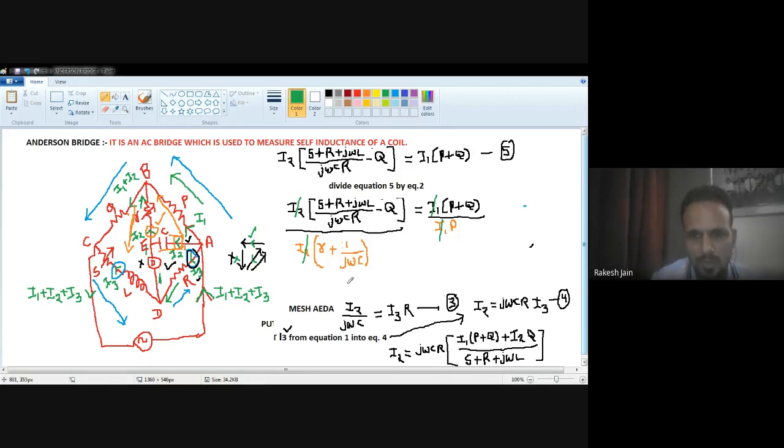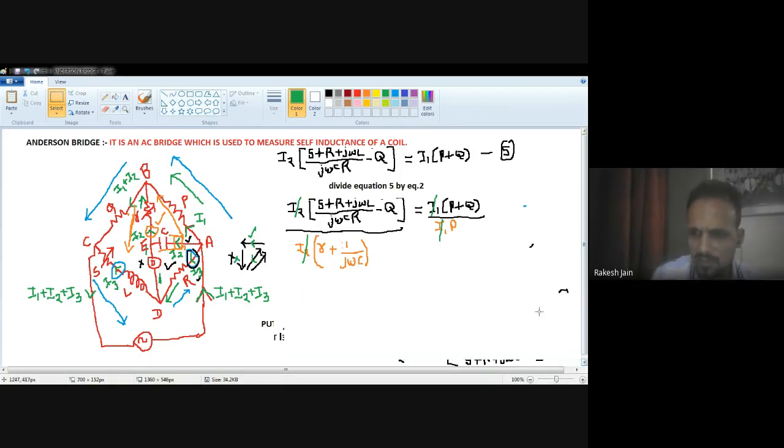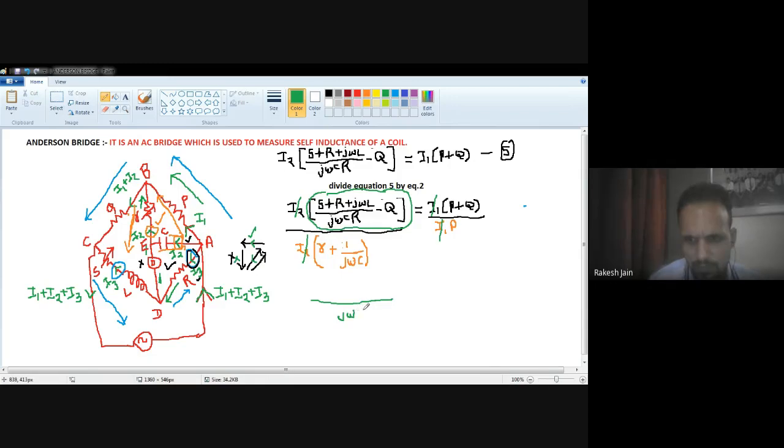So what will happen? I just remove these bottom terms and show you the complete. I just take a denominator, and I just take an LCM from this. So the LCM is jωC r. So I just write down here jωC r is the LCM.